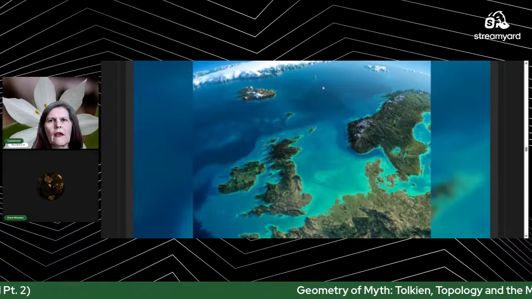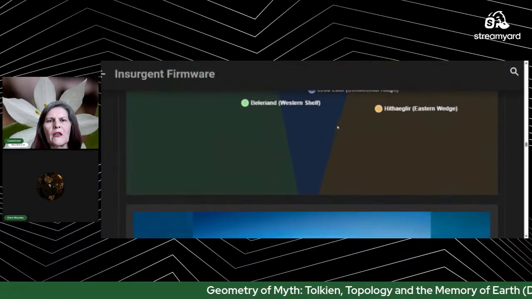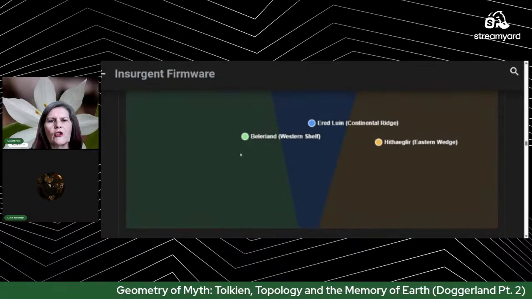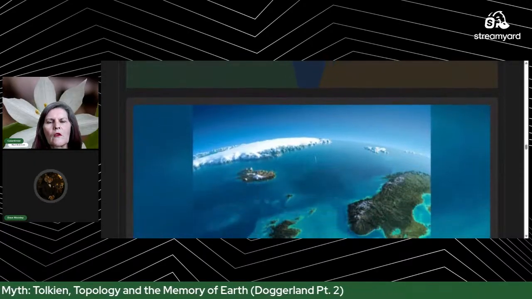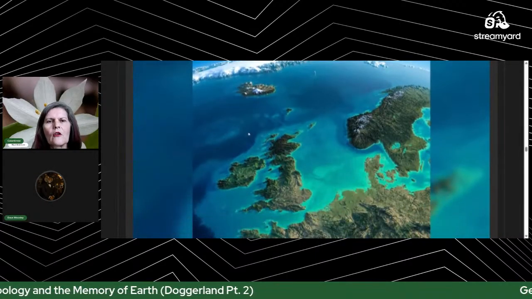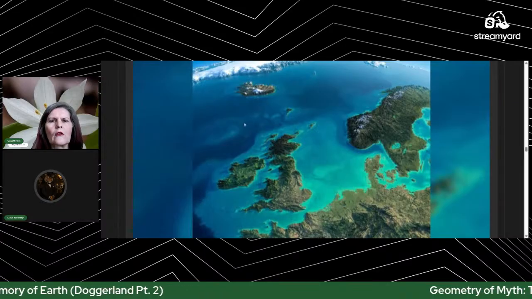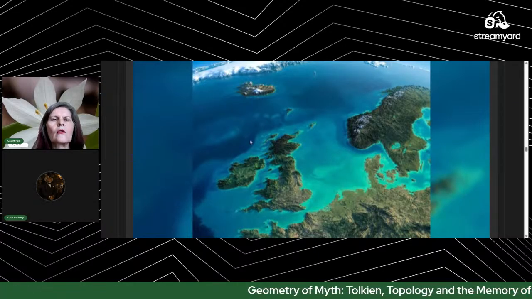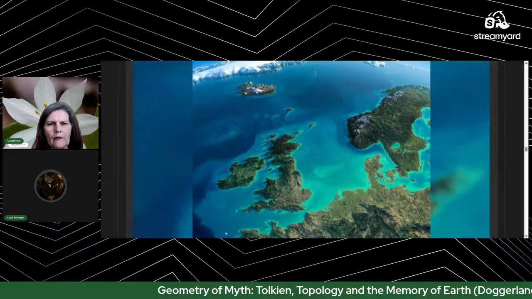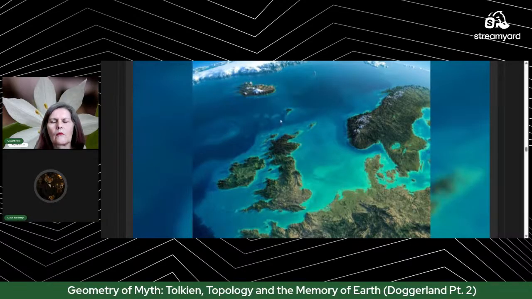And what would be the Beleriand Western shelf marker? That would be west of Britain, including part of what's now Ireland, and the rest of the stuff that's now underwater. So that's where the Doggerland coastline was.